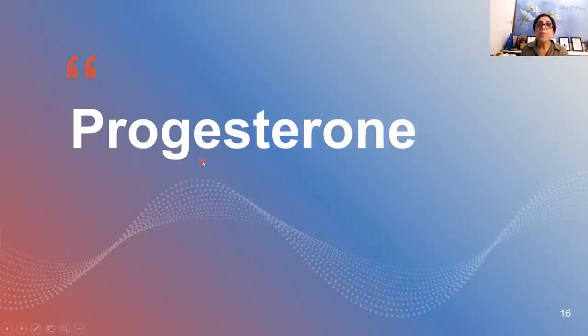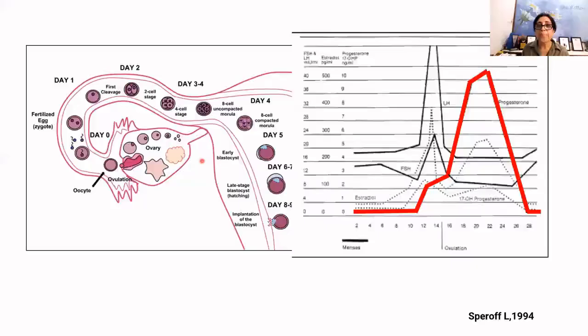Then progesterone. The progesterone is going to come from the corpus luteum in a natural cycle. And we all know that once ovulation occurs, that is the point when the corpus luteum starts secreting progesterone. Before ovulation, it is steadily at very low levels, hardly detected, less than 0.05 nanogram per ml. And just a few hours prior to ovulation, it starts rising.